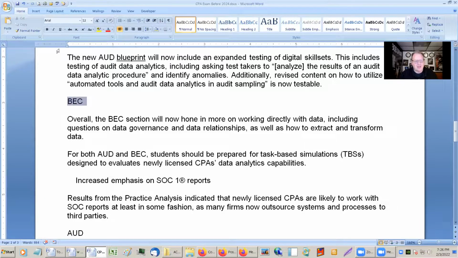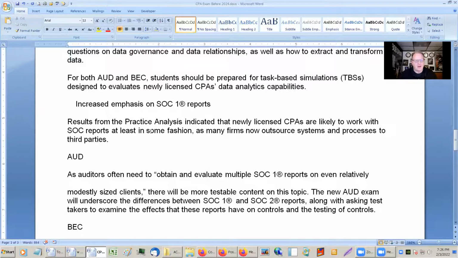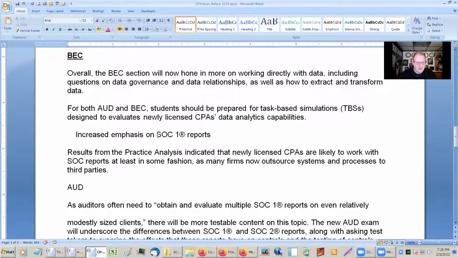So the BEC section, and this is both for BEC and for auditing, has what they call the SOC reports, SOC 1 and SOC 2, which we'll talk about. This has to do with internal controls.